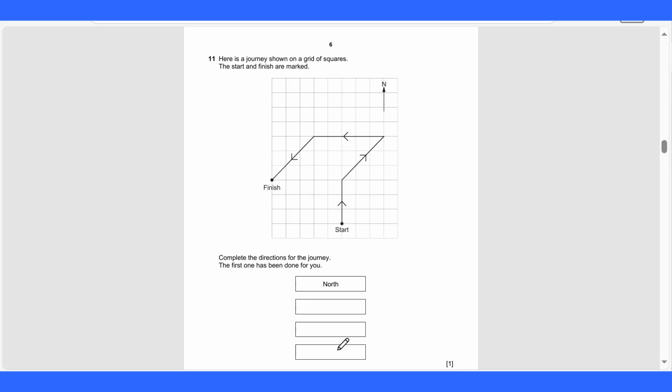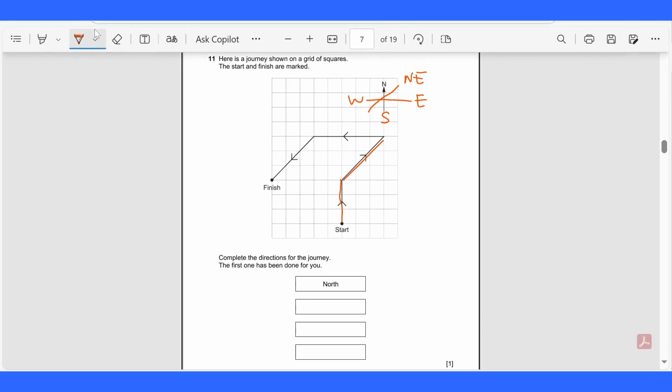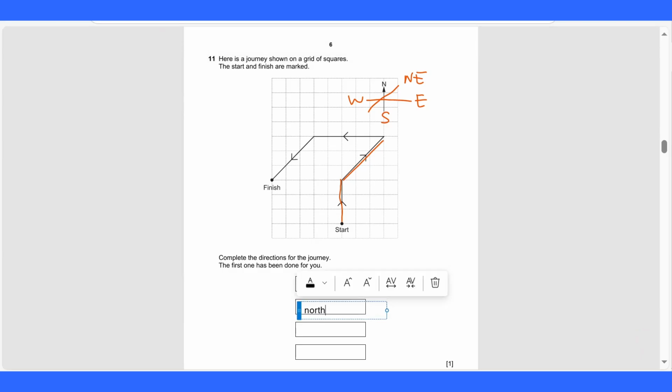Reveal the answer now. So first is go up to the north, and if you draw the directions, this is east, this is west, and this direction is northeast. So northeast should be the answer. Okay, next, this direction is west, right?